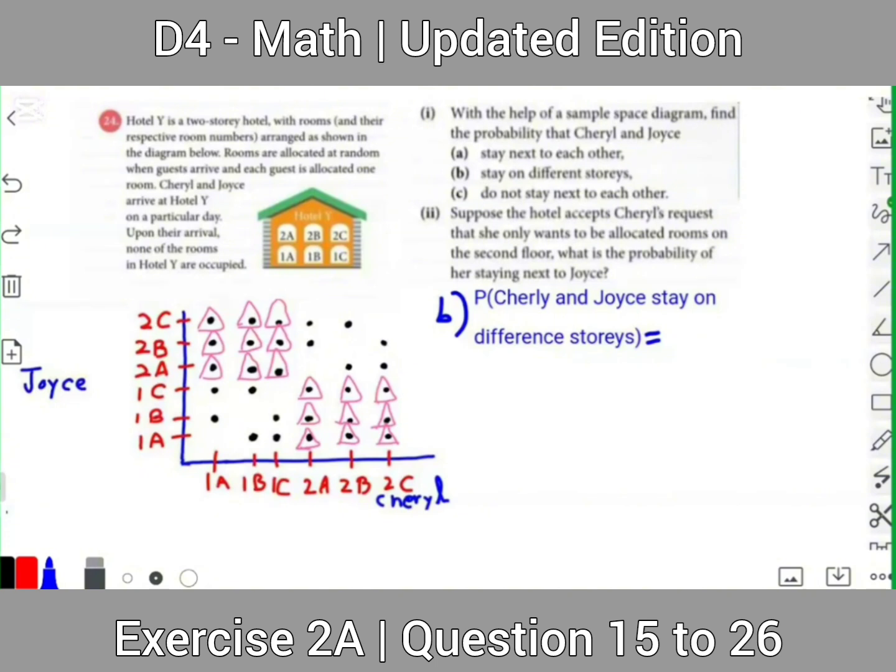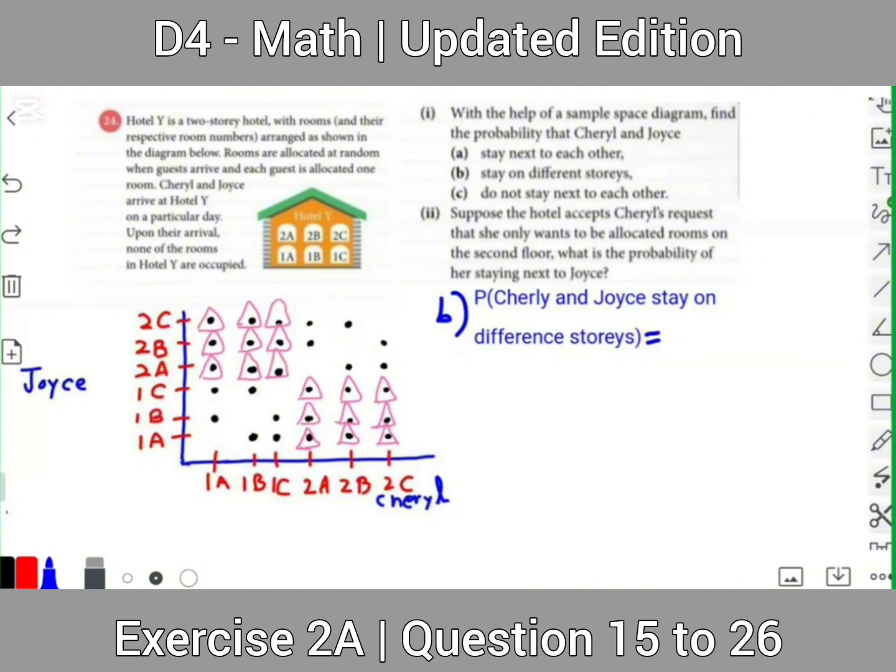So here we have 1A and 2A, 1B and 2A, 1C and 2A, 1A and 2B, 1B and 2B, 1C and 2B. Similarly, 1A and 2C, 1B and 2C, 1C and 2C.